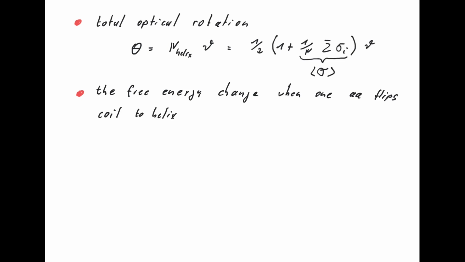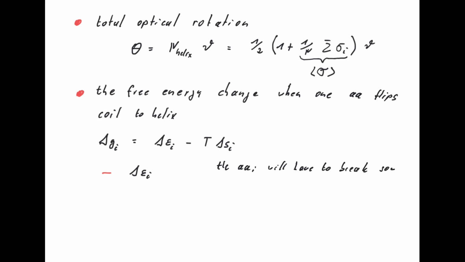So here we consider the free energy delta G i as given by delta epsilon i, the internal energy released or obtained, minus T delta S. Now adding an amino acid to a helical structure requires a hydrogen bond formed between the amino acid i and the amino acid i plus 4.